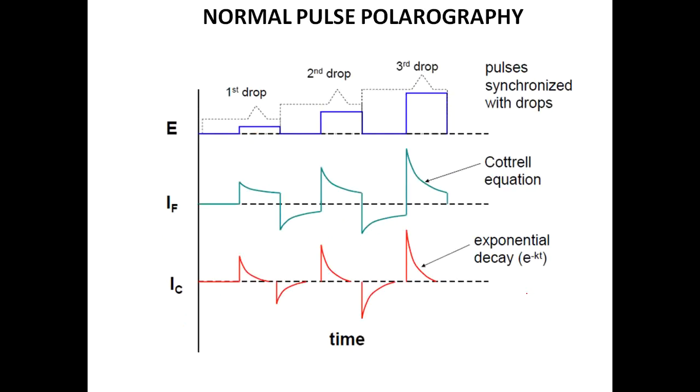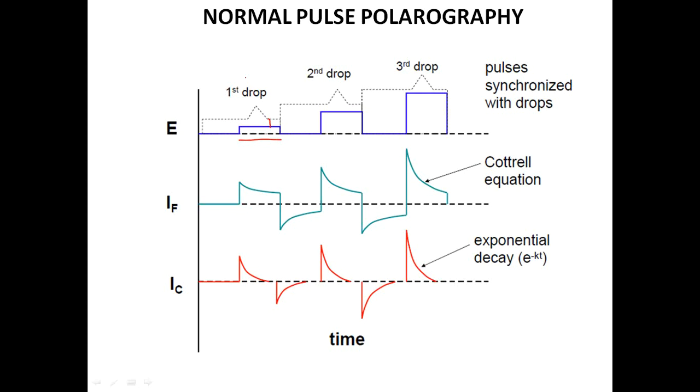As I said, each drop that is formed is applied with a pulse potential, and from drop to drop the potential is increased linearly. The current is measured at the end of the pulse, in the last 10 to 17 milliseconds after about 40 milliseconds.